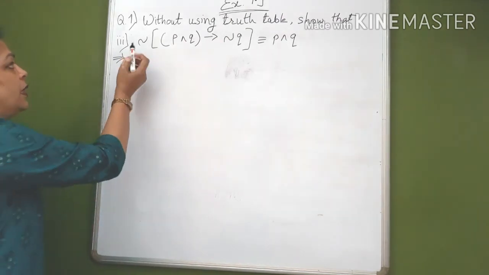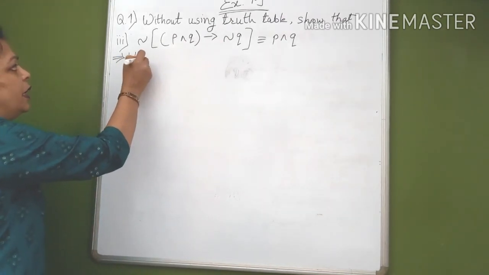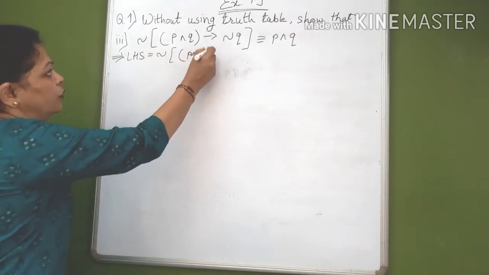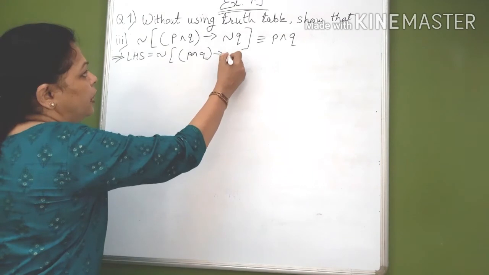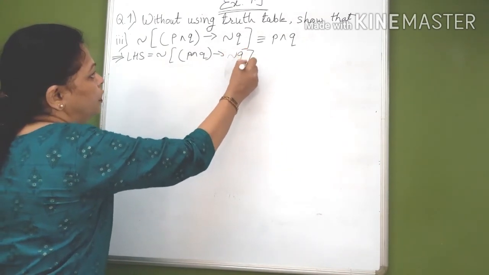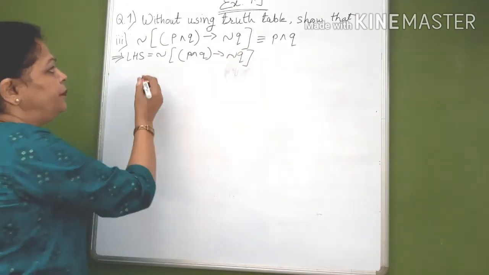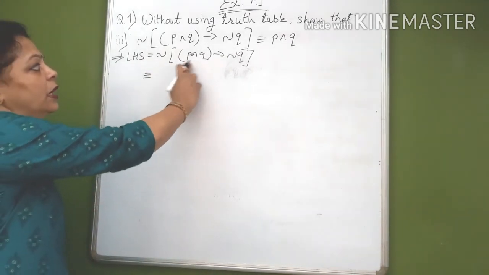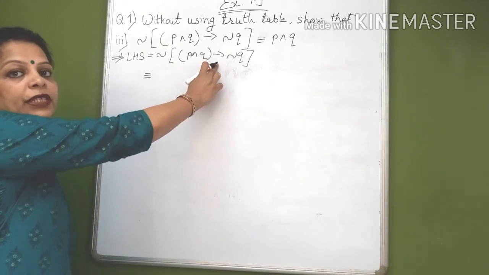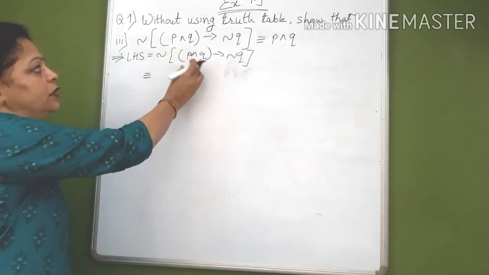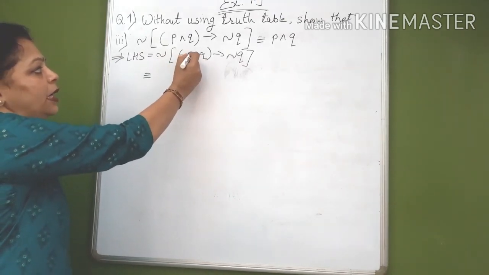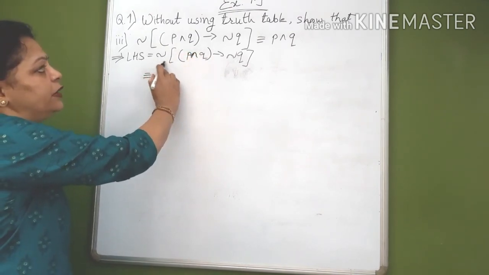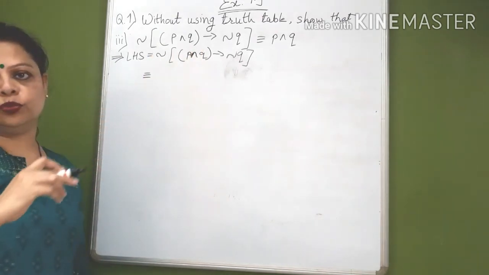Now let us start with LHS. So let us copy the LHS first: negation of [(P and Q) implies negation Q]. Now see over here, this is nothing but your negation of implication. You can consider this bracket P and Q as a single statement, say P. So it is same as negation of (P implies Q).